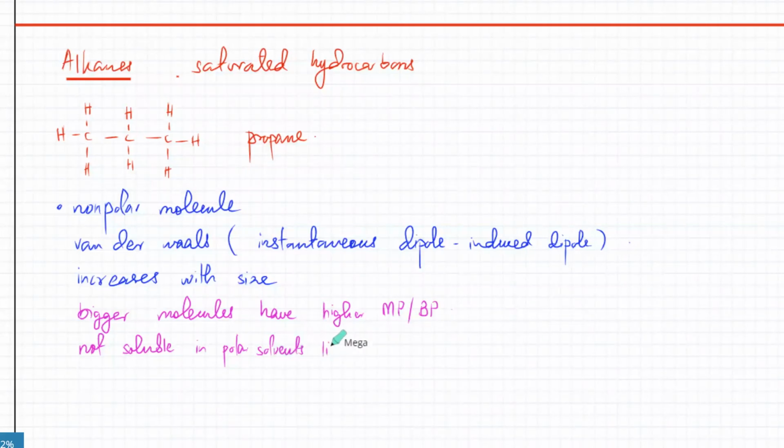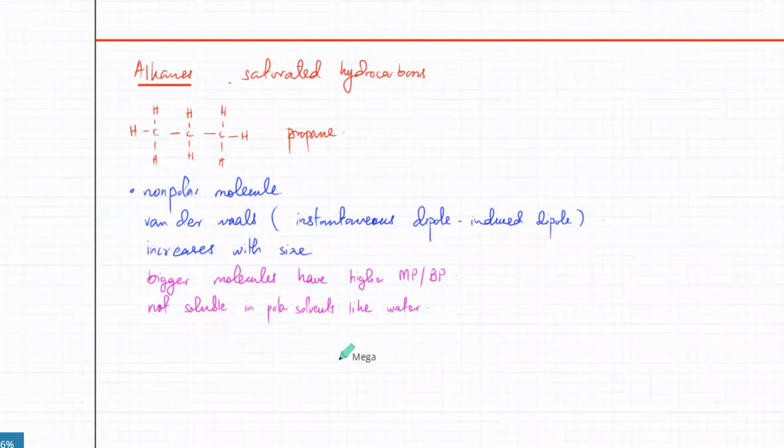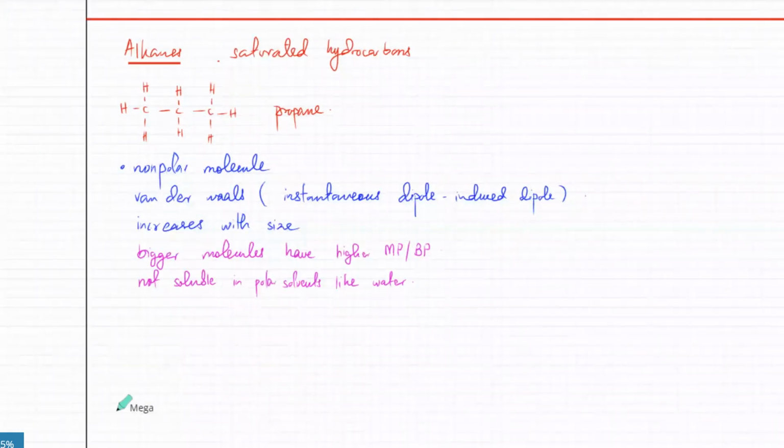So that's pretty much it, and you should know that melting and boiling points would increase, so bigger molecules would either be liquids or solids. Let's try and cover the reactions quickly. So what are some of the reactions for alkanes?